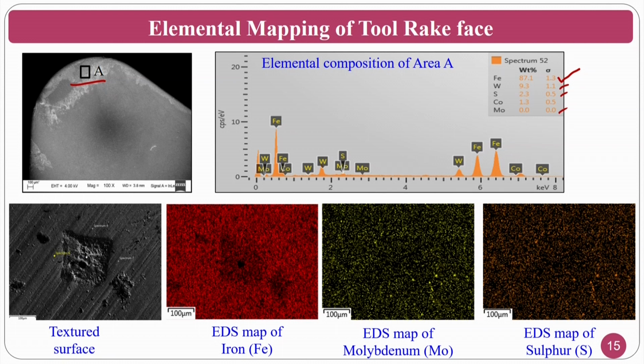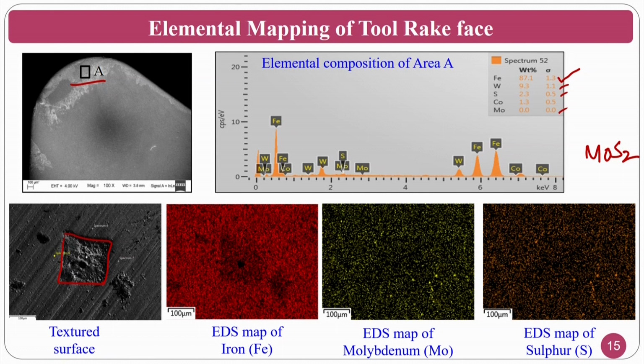If I want to check a particular portion of any material, this is the image we have taken from a textured cutting tool, where a Vickers hardness indentation creates micro texturing, and solid lubricant MoS2 is filled in.